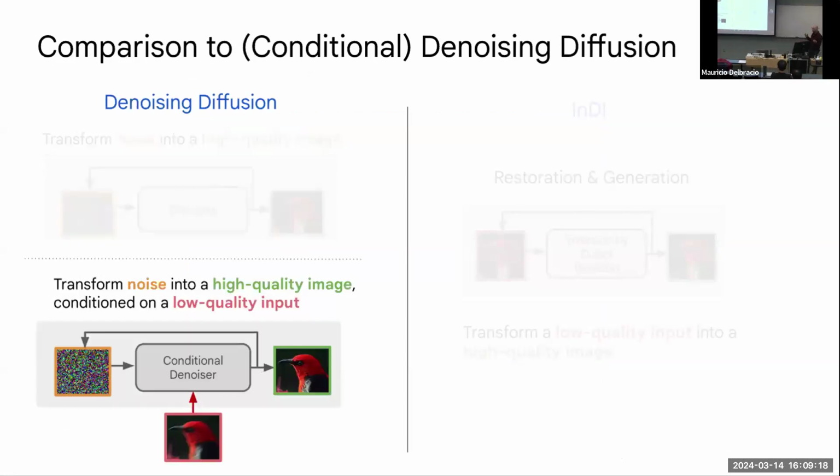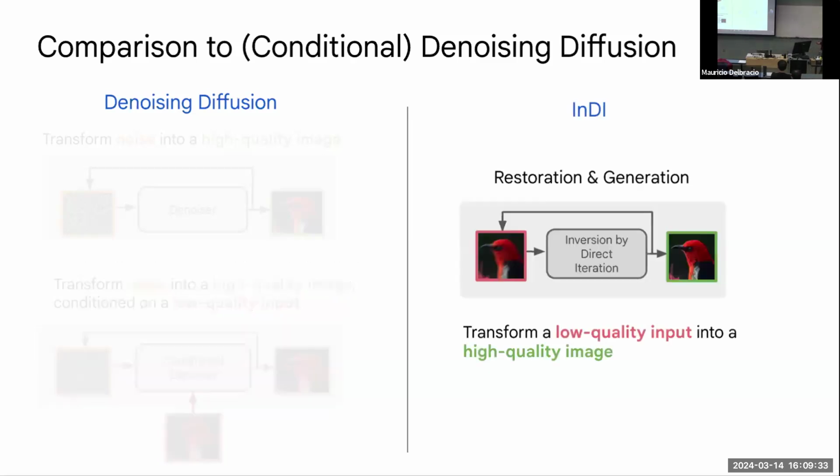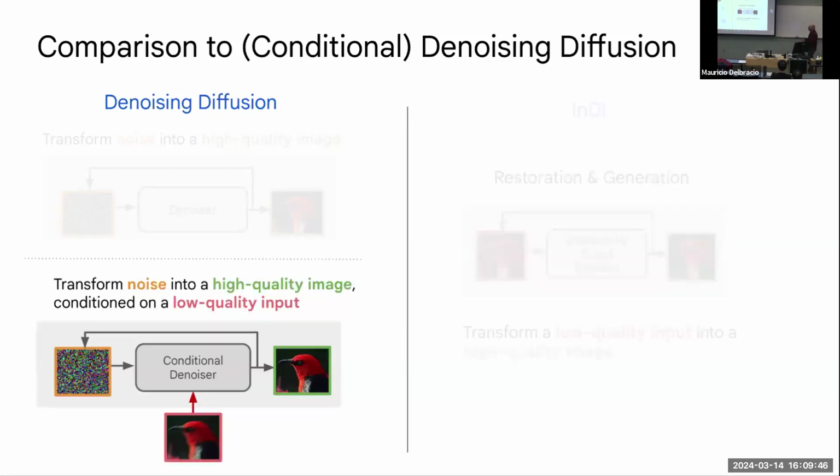We can train a conditional denoiser that learns to transform noise into a high quality image, conditioned on the low quality image. There are multiple works doing this, for example, super resolution. In our formulation, it's slightly different. In the same framework, we can learn to generate if we start from noise, or to improve an image little by little. It's more straightforward than always starting from noise.